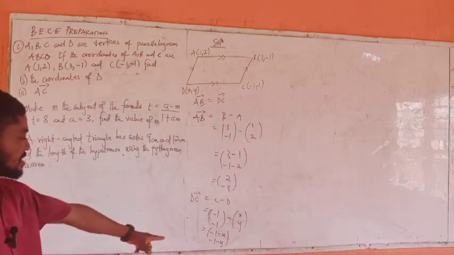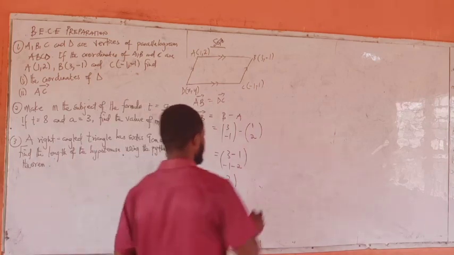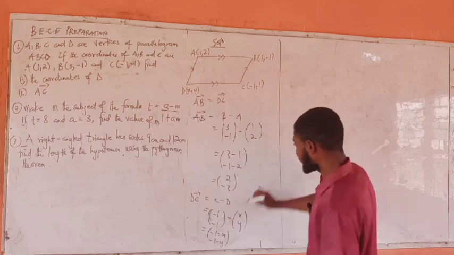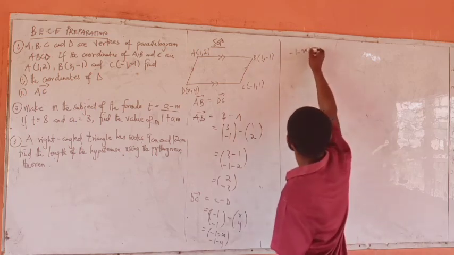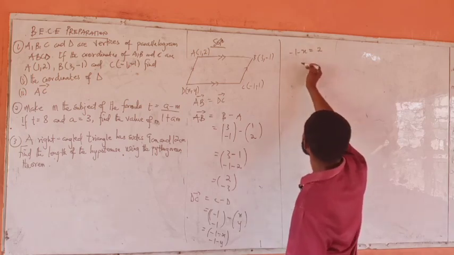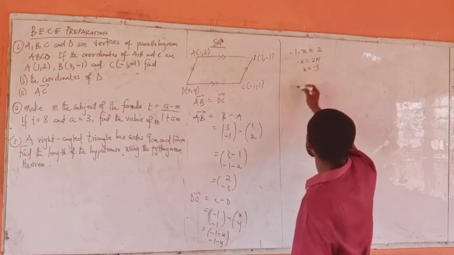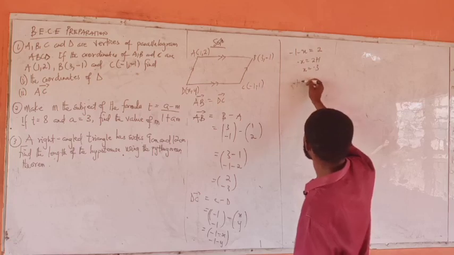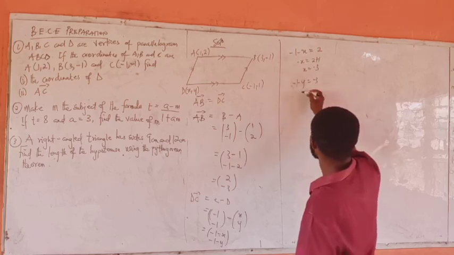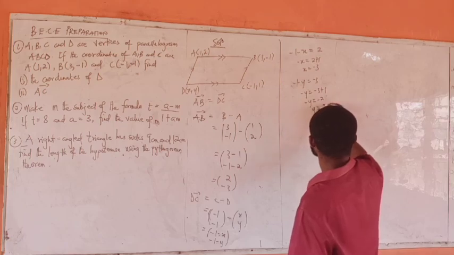So we can equate this one to this. This is the x coordinate, this is the y coordinate. So -1 minus x gives 2, which means -x is equal to 2 plus 1, so x is equal to -3. Then -1 minus y is equal to -3, so -y is equal to -3 plus 1, -y is equal to -2, y is equal to 2.